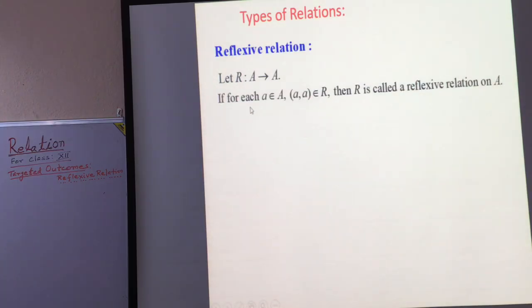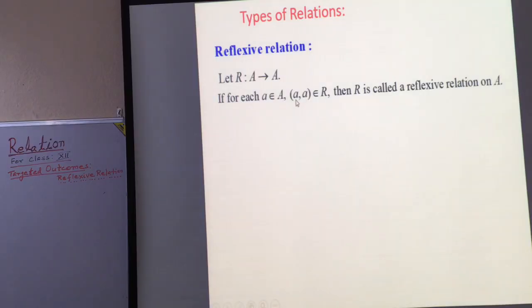If for each a belonging to A, ordered pair (a, a) belongs to R, then R is called a reflexive relation on A. But the definition says if a, small a, is any element of the given set, then ordered pair (a, a) should belong to R, should be in the relation.